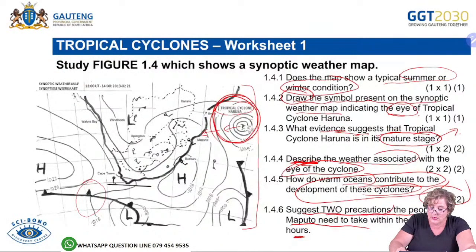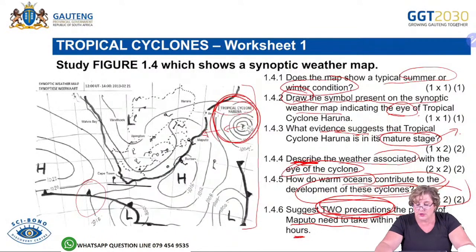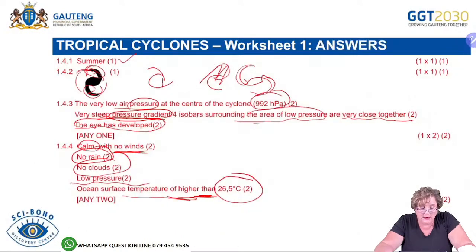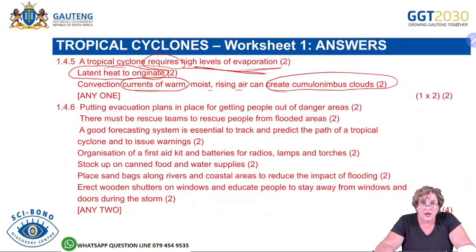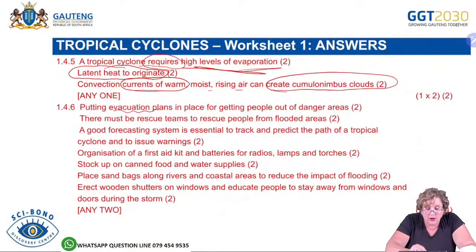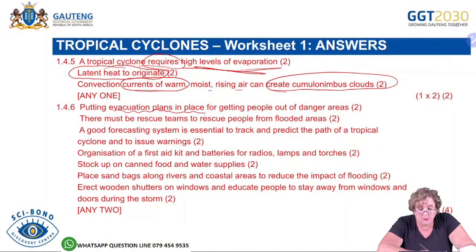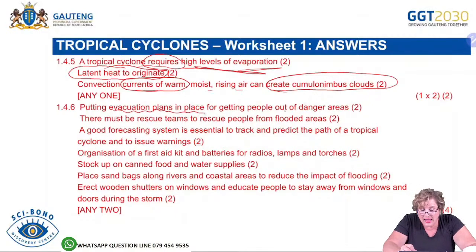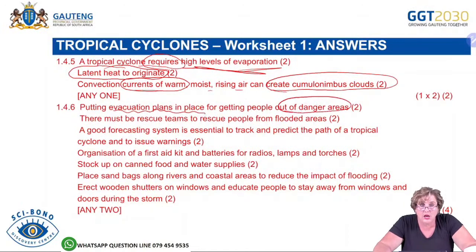The last question suggests precautionary measures the people of Maputo need to take within the following 24 hours. First of all, put evacuation plans in place to get people out of dangerous areas. Like your school has an evacuation plan where you need to move to in case of an emergency, you must have an evacuation plan to help these people get out of those dangerous areas, most probably your low-lying areas.